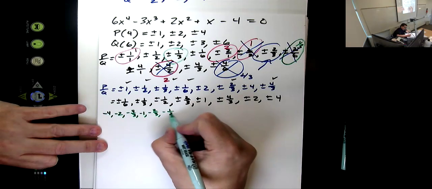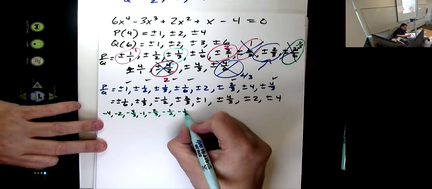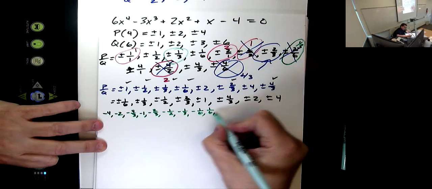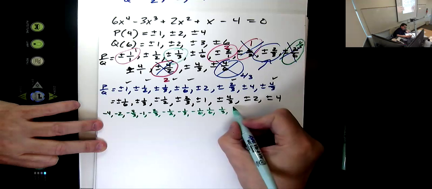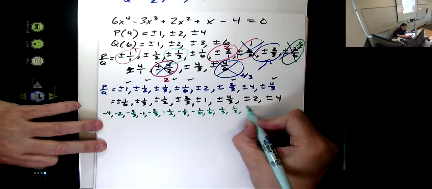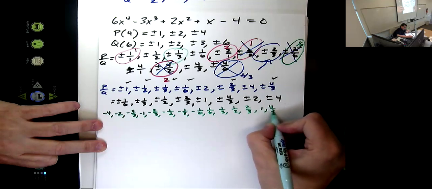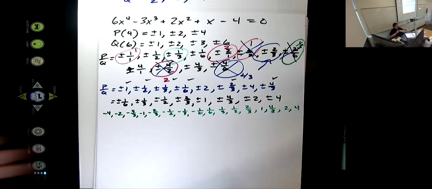I'm gonna go down the list with the negatives. And then I'm gonna go back up the list with positives. Those are all our combinations.